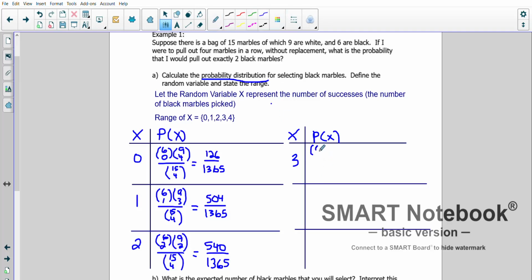Well, there's 6 black, I'm going to choose exactly 3, which means I'm picking 1 white, out of 15 choose 4, and I get approximately 13%, or 180, I think is what I have written there, over 1365.